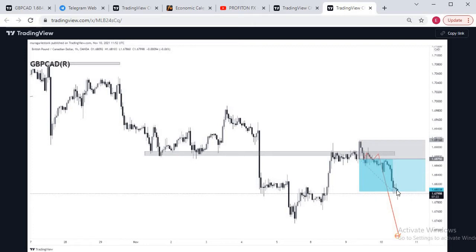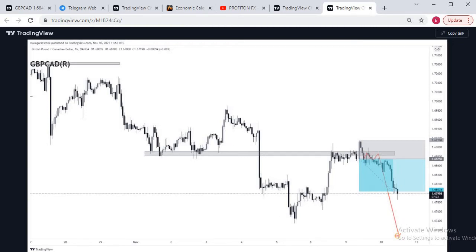So I thought maybe we were going to find support at this level. Then I saw 2 indecision candles forming at this point here, and I was like, okay, so let me just exit this trade, probably look for another one.